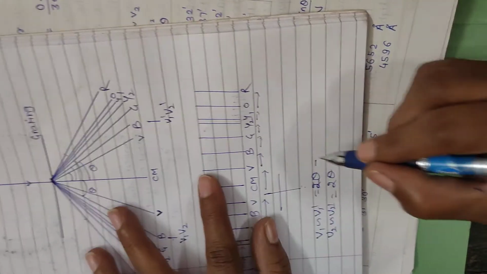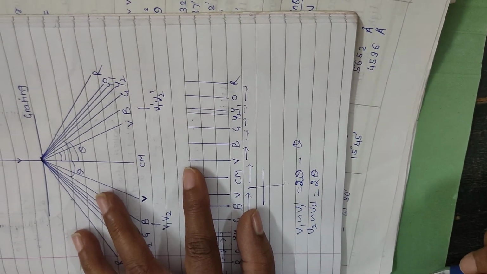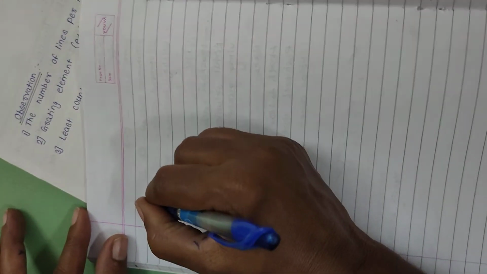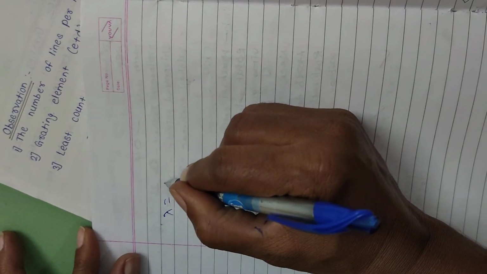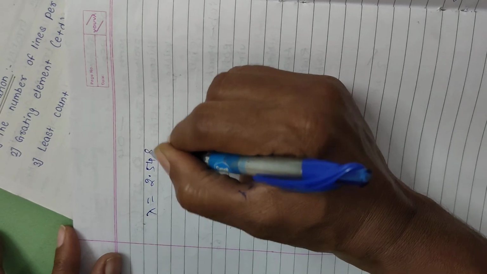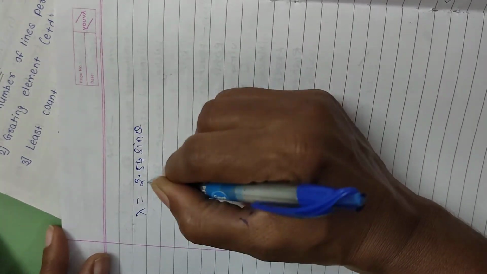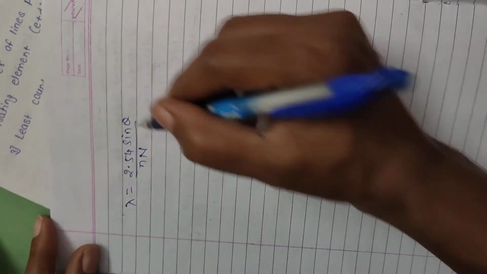From that we have to find theta, that is the angle of diffraction of that particular light, and then using the formula which is provided and which we have also studied in diffraction, we have to calculate the wavelength. The formula is lambda equals 2.54 into sine theta divided by small n into capital N. This theta is the angle of diffraction for the particular color.